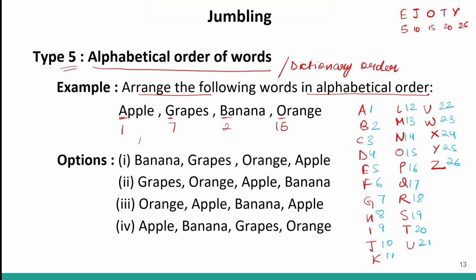So our sequence will be apple, then banana, then grapes, and then orange. Correct? So our answer will be option number 4, apple, banana, grapes, and orange.